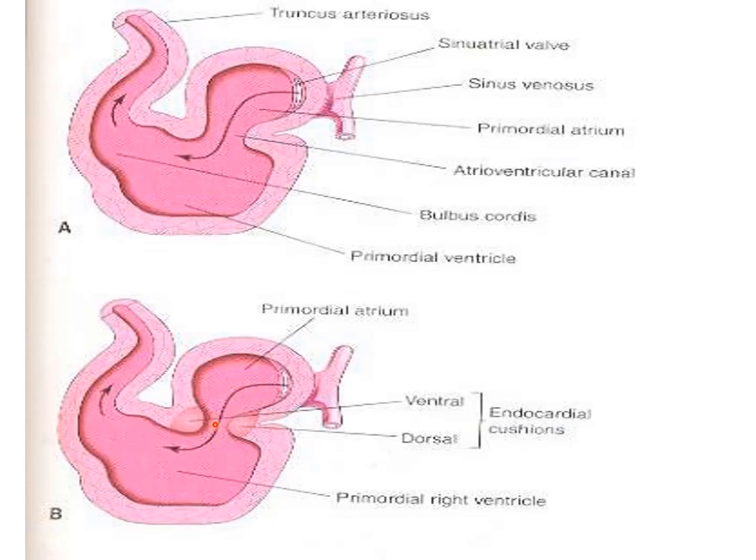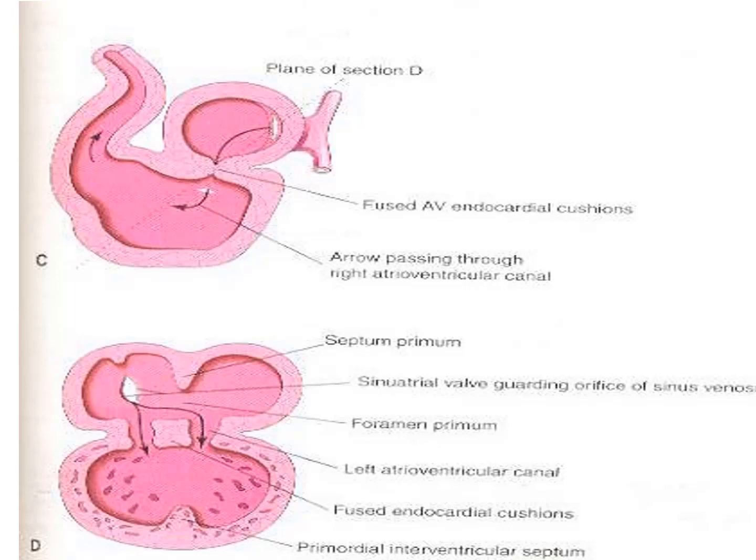But they will meet here, and when they meet, they will close this canal, but the pressure of the blood from the atria will force these canals to open. You can see that now they are fused here, the two endocardial cushions, the atria on the right and the ventricle on your left hand.